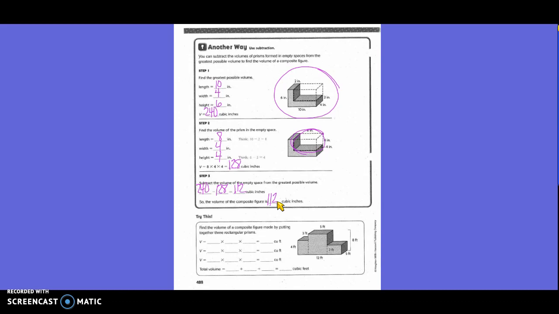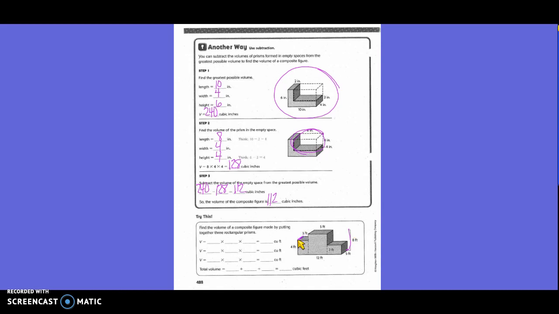Try this. Find the volume of the composite figure made by putting together 3 rectangular prisms. Okay? So basically they broke it apart right here. Alright? And then they're saying from the bottom to the top is 8 feet. So we need to find these other little pieces. So basically this one over here, what would this piece be right here, guys?